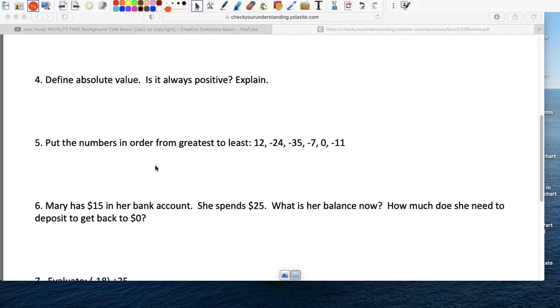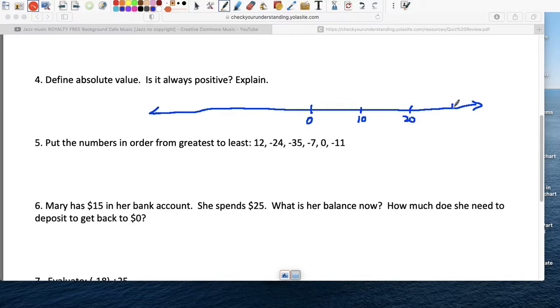Put the numbers in order from greatest to least. You can use a number line. I think it's helpful because it's easier to visualize. So let's write 0, 10, 20, 30, and on the other side, negative 10, negative 20, negative 30. So you draw a number line, and then let's figure out the location of these numbers.